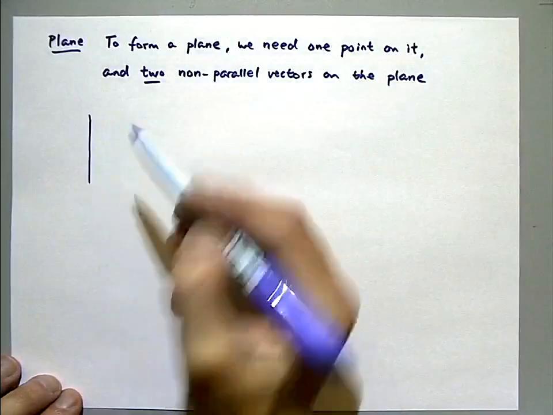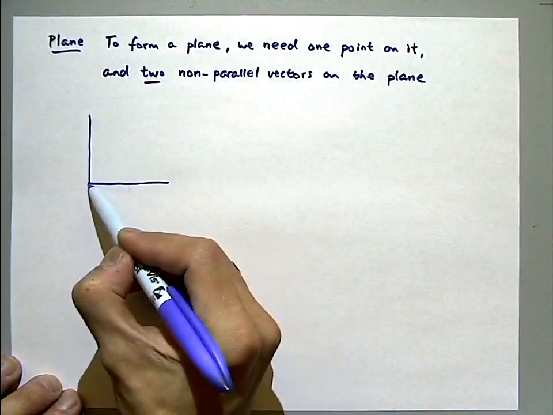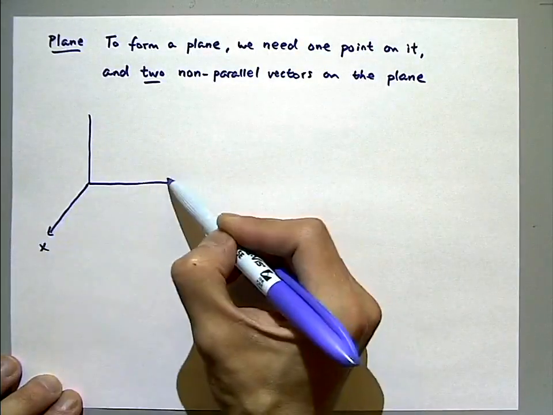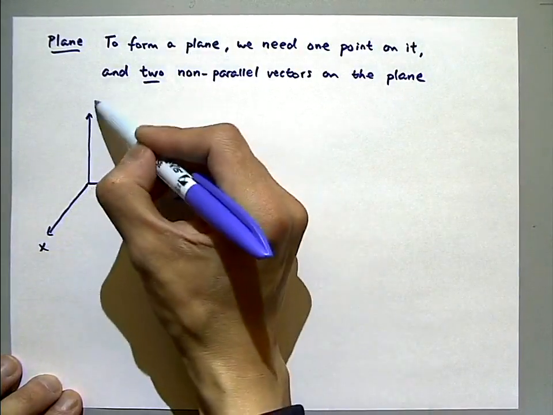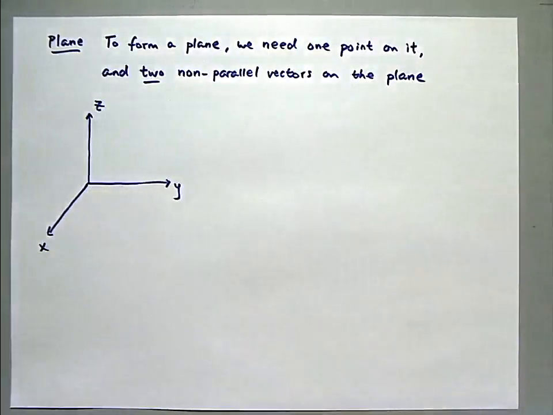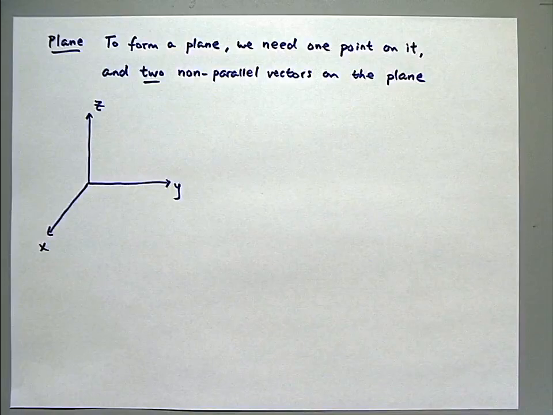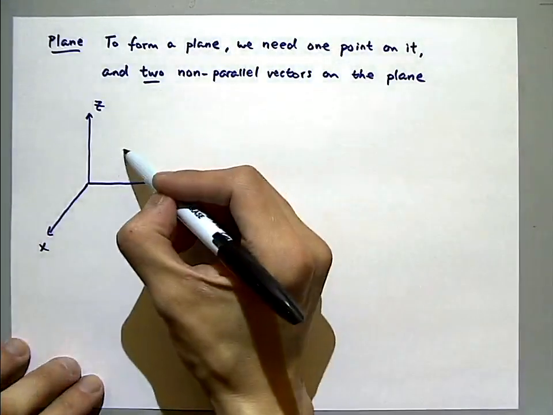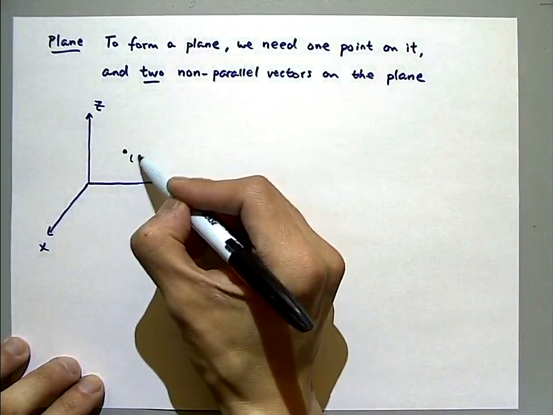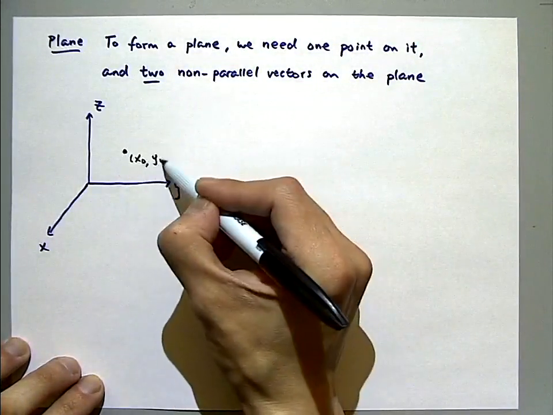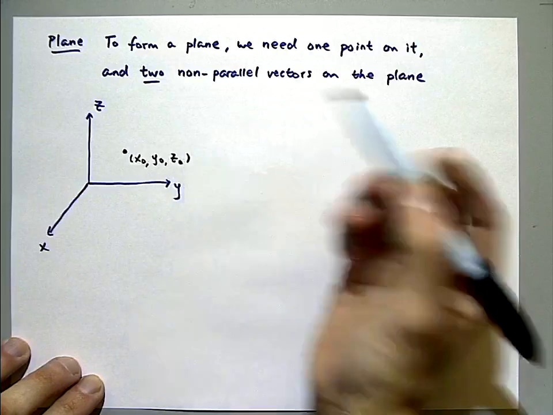To see how this works, there's our coordinate system. And let's say we have one point here. Let's call that x0, y0, z0.